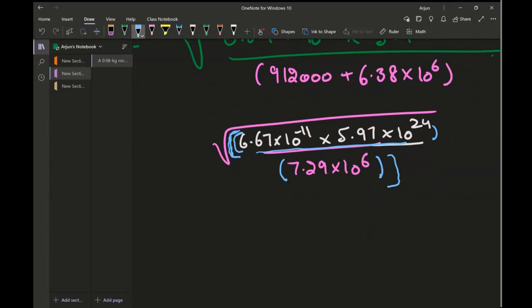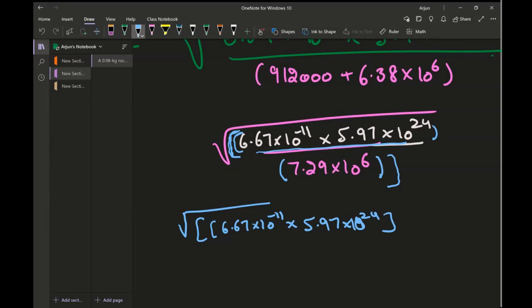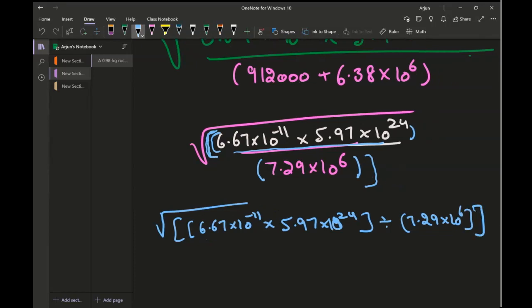So I'll show you. You'll press second function, square root, whatever your calculator says, start the bracket, another bracket, 6.67 times 10 raised to the power negative 11 multiply by 5.97 times 10 raised to the power 24, close the bracket, divided by 7.29 times 10 raised to the power 6, close this bracket, and then close the other bracket.